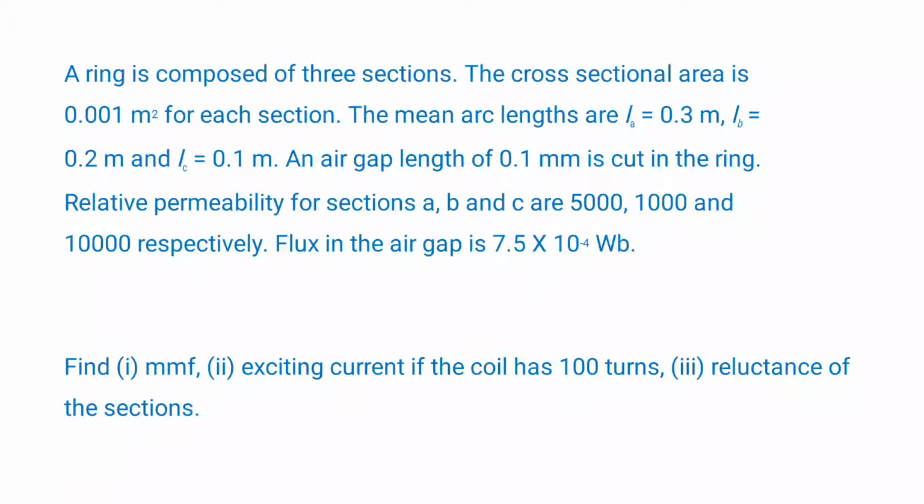The relative permeability of sections A, B and C are 5000, 1000 and 10,000 respectively, since they are of different materials. The flux in the air gap is 7.5 into 10 power minus 4 Weber. The question is to find MMF, magnetomotive force, and exciting current if the coil has 100 turns, and the reluctance of the sections.